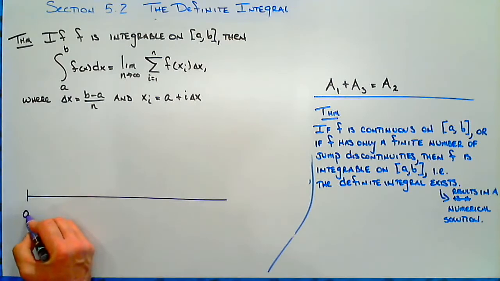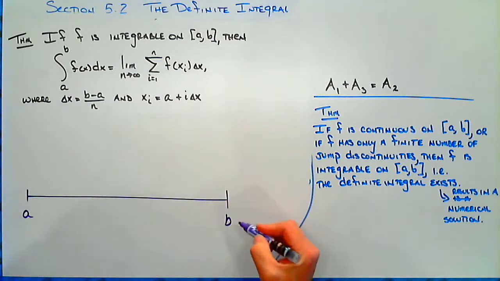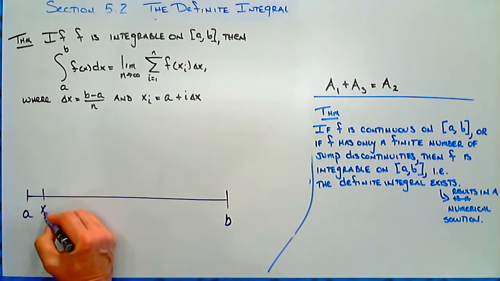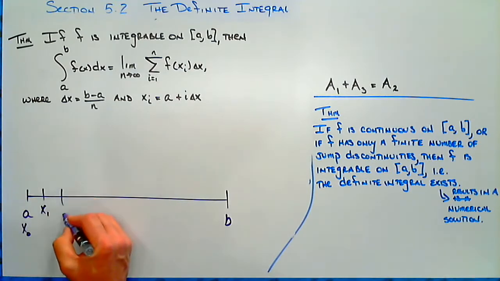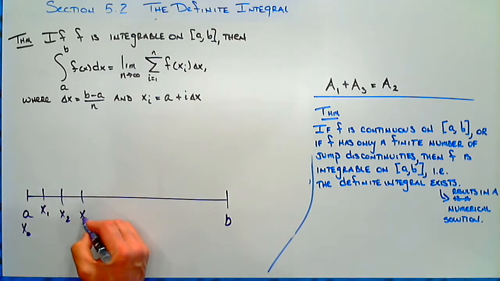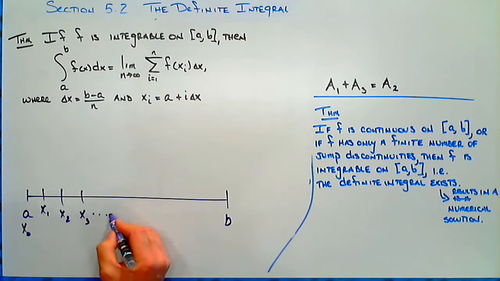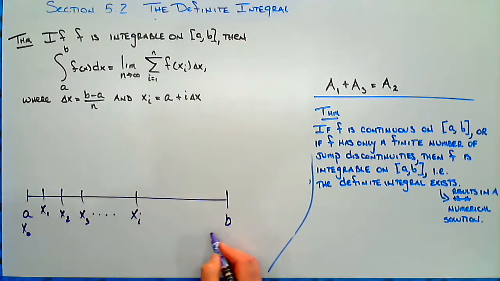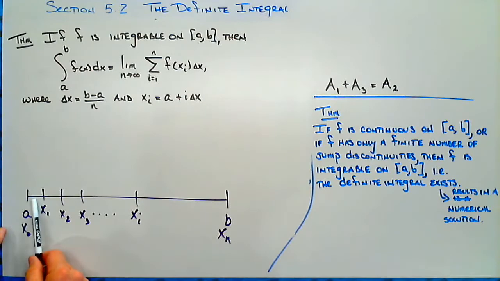It's saying if you have A to B, and you have x sub 1 here, now remember that's x sub 0, and you have x sub 2 here, and you have x sub 3 here. Out here somewhere is x sub i. This is x sub n. Right? That's what we said. This theorem is saying you don't have to use sample points if you don't want to.